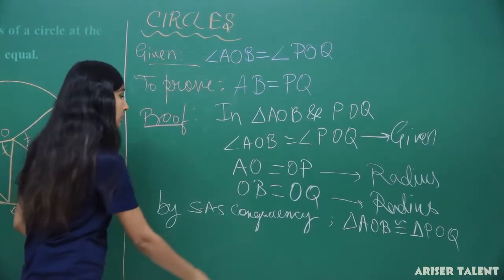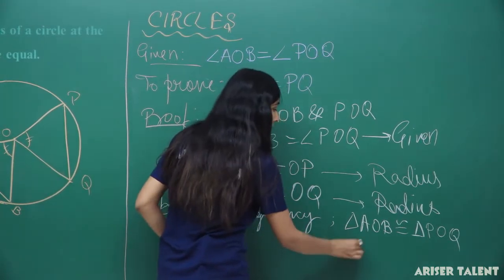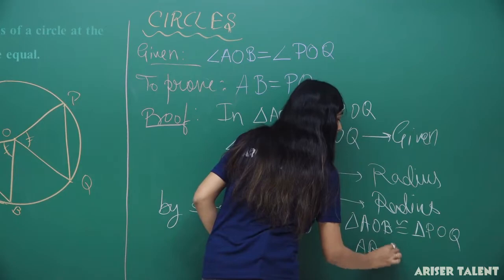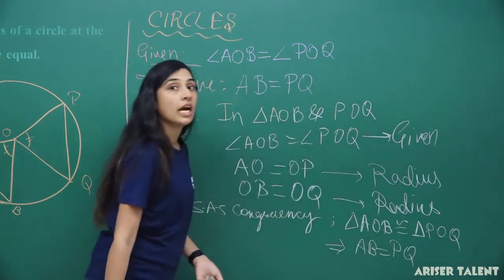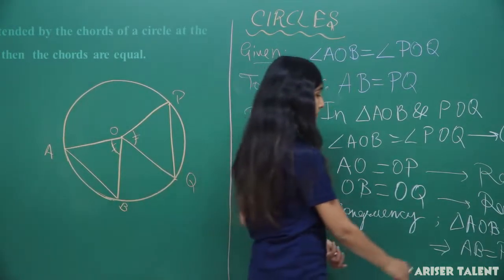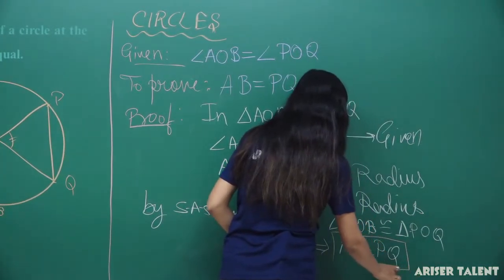And that means AB will be equal to PQ. Understood? So this side equals this side.